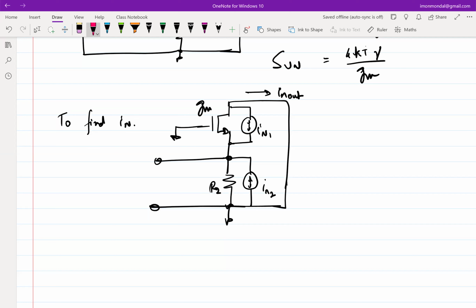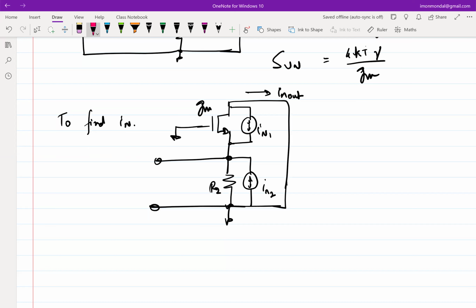So let's do IN2 first. Correct. What Harish is pointing out is that we can do superposition, right? So mentally we assume that IN1 is not present. Obviously you can have another schematic and remove it, but I presume that you are comfortable with doing that in your mind at this stage.